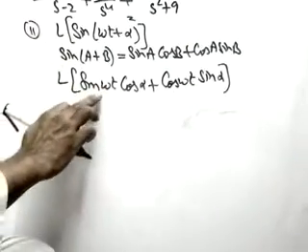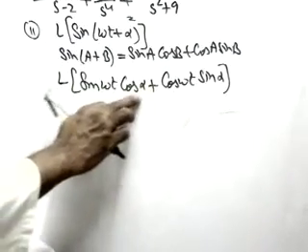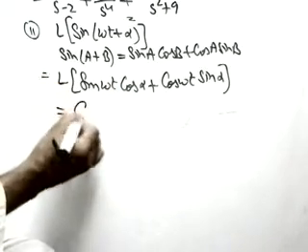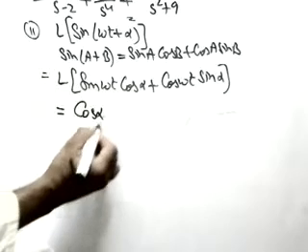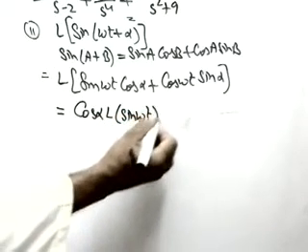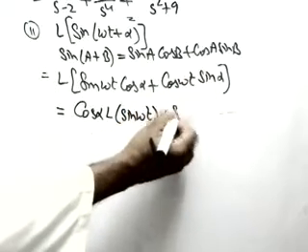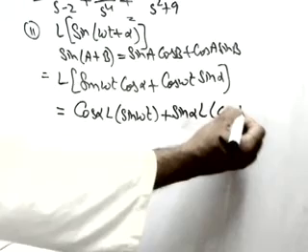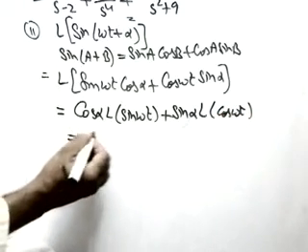Now watch carefully. Here we use the formula for this, not for this. We don't have any t here, so this is supposed to be a constant. You write like this: cos alpha, I'm writing outside because it is a constant, into Laplace of sin omega t. As this is a constant, write sin alpha outside into Laplace of cos omega t.